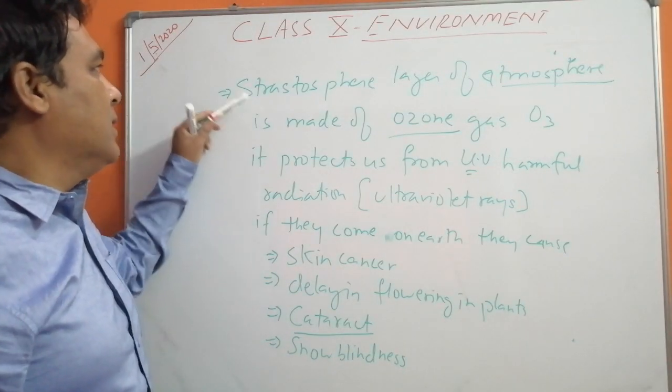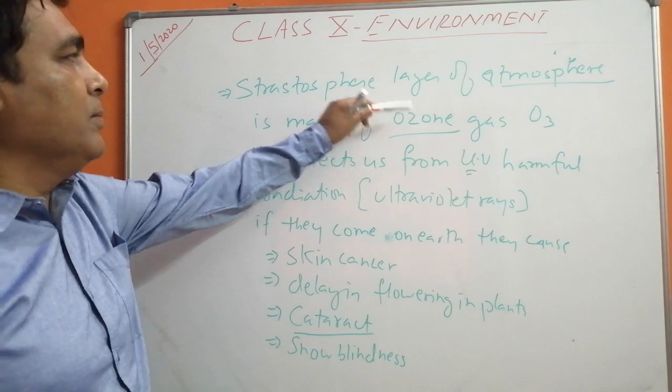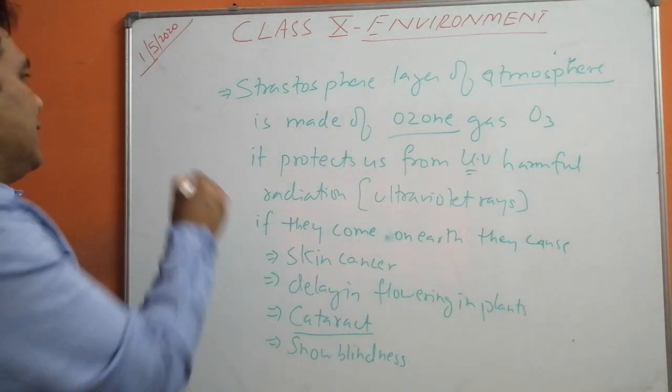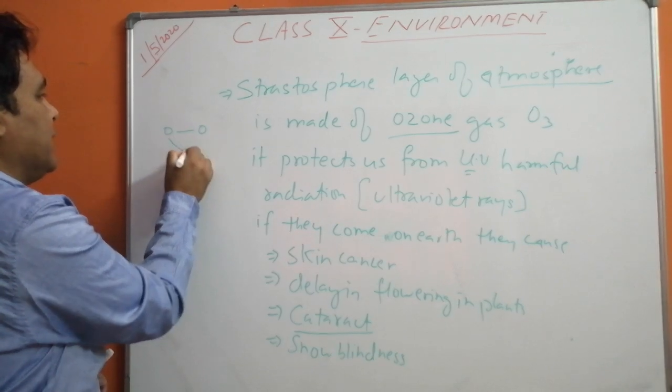So we need the layer present in the atmosphere, that is the stratosphere, made up of O3, which saves us. Now how is this O3 made?